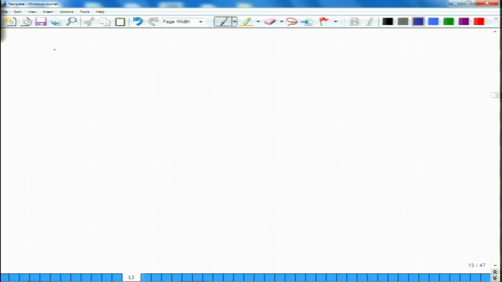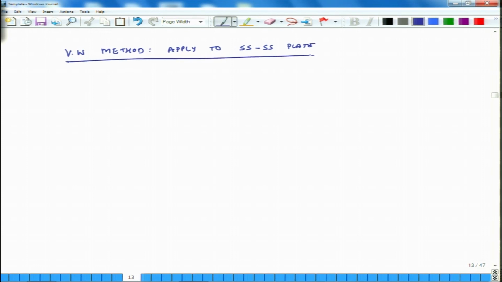So, virtual work method, and here we are applying it to a simply supported plate. So, we are slowly making things more complex.